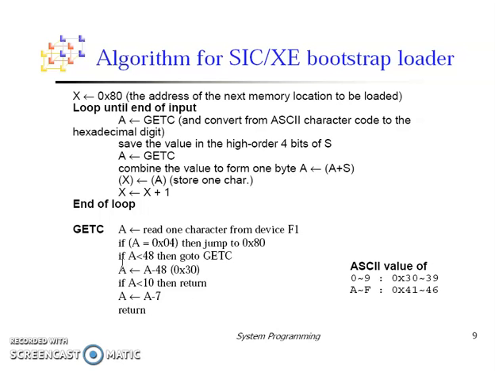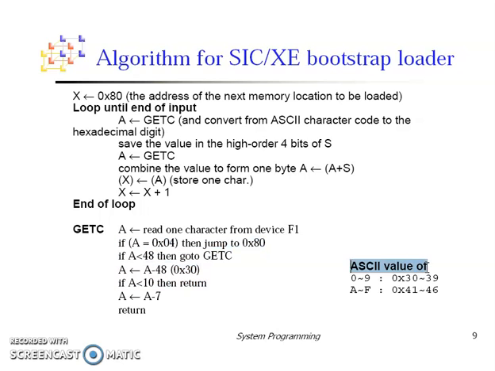This does the conversion and the result is loaded into register A. So in this getC routine, one character at a time is obtained from the F1 device and converted from the ASCII character code to hexadecimal format using these statements.